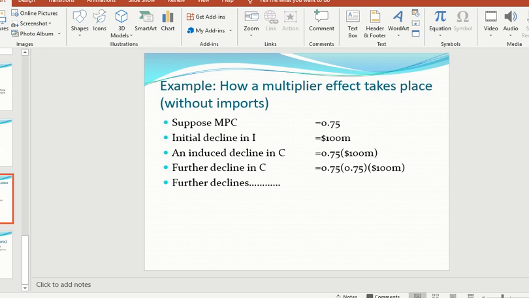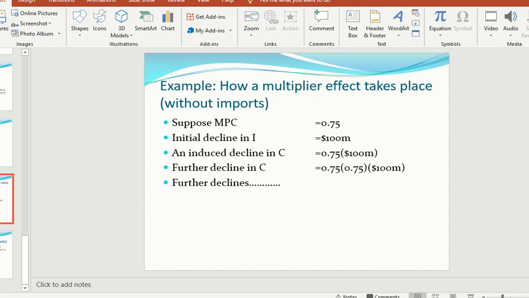Those IT support companies that used to support the computers or the network for Google now don't get the business. So all these people will be affected by the action of Google. What Google does not just stop at Google. It spills over to other economic entities in the economy. These other people who used to get business from Google together have lost an income of $100 million.